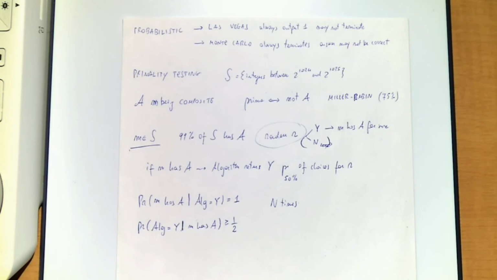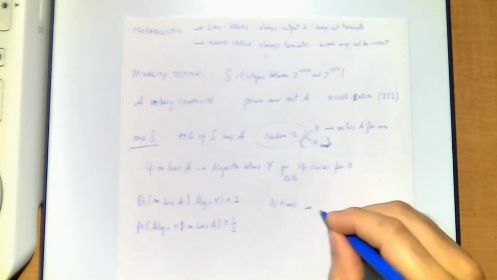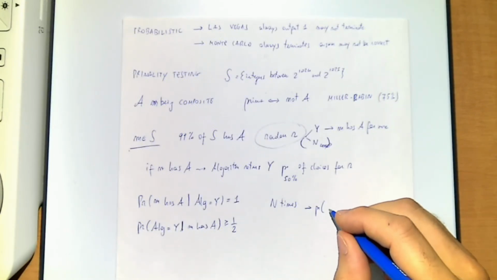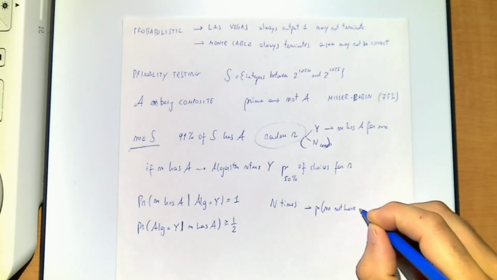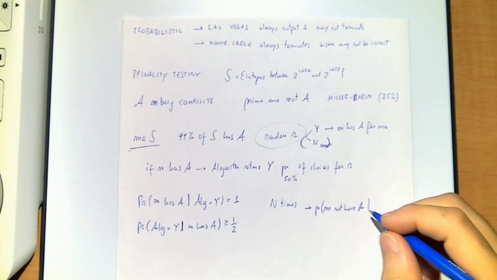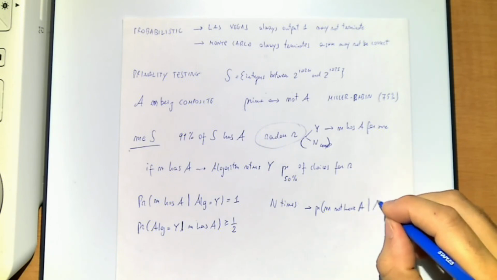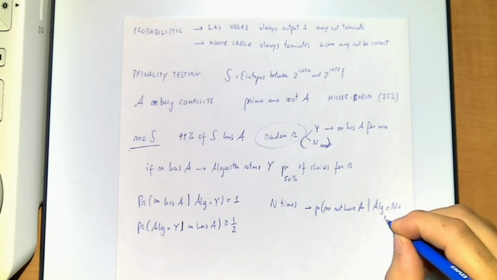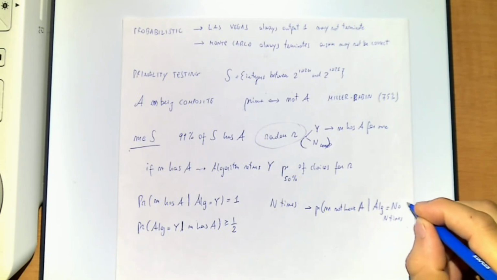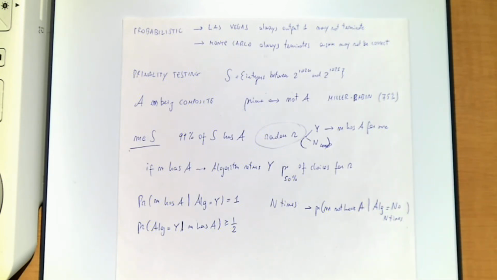Because basically what we can do, we are trying to estimate the probability that M does not have A, given that the algorithm equals no n times. Once I compute this, then I have my level of confidence.